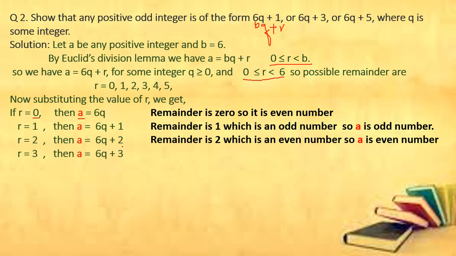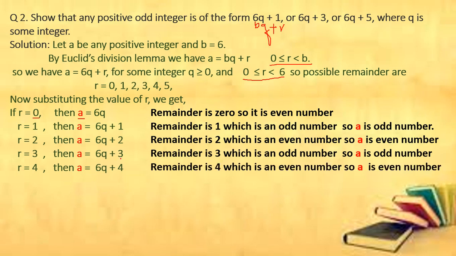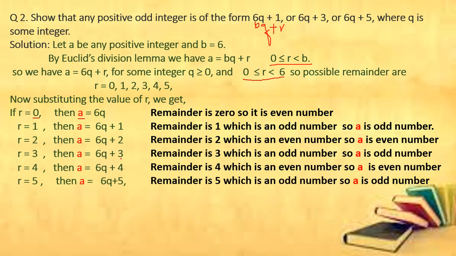Similarly, when r is 3, we get a equals 6q plus 3, and as 3 is an odd number, a equals 6q plus 3 is also odd. When r is equal to 4, we get a equals 6q plus 4, and since 4 is an even number, 6q plus 4 is even. When r is equal to 5, then a equals 6q plus 5, and 5 is odd, so 6q plus 5 is also an odd number.